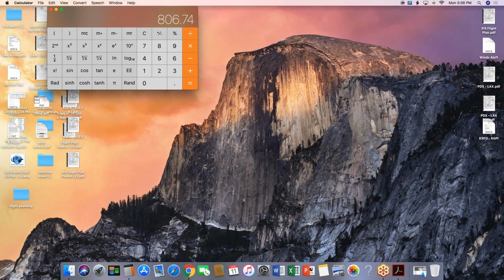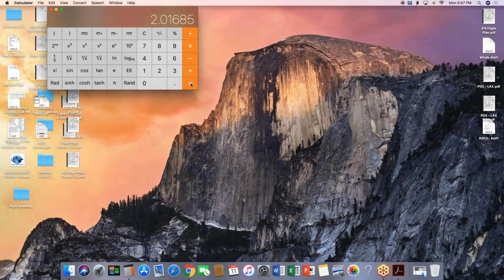What I do with that to convert it to time is I divide that by an average speed of 400 knots. Okay, this speed is just an average that we always use when we're finding an estimated time en route. So 400 knots gives me almost 2 hours exactly.